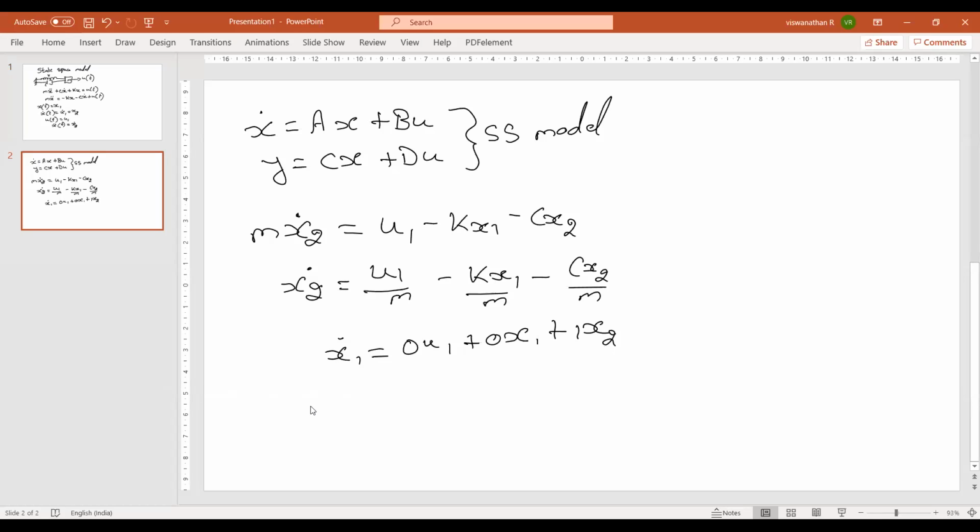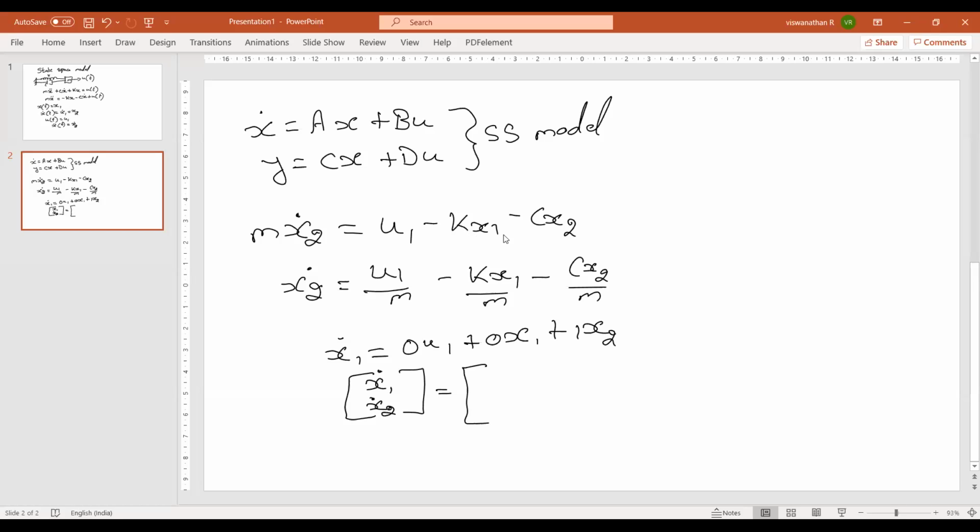If you want to write it in the form of A x plus B u, x dot will be x1 dot and x2 dot. This is x dot, which is equal to the matrix with x1 and x2 terms.